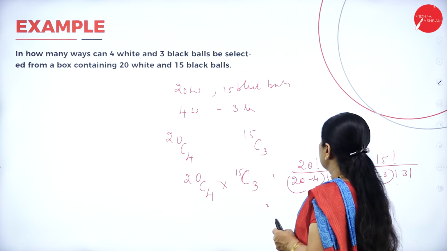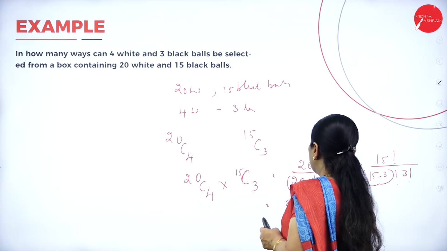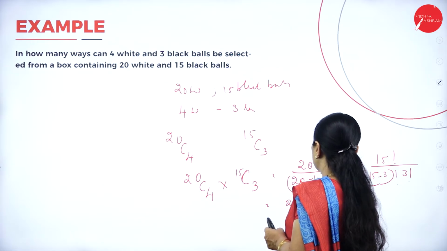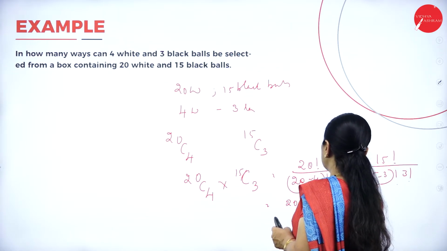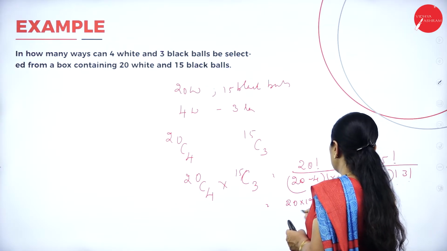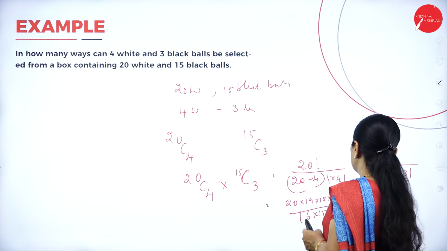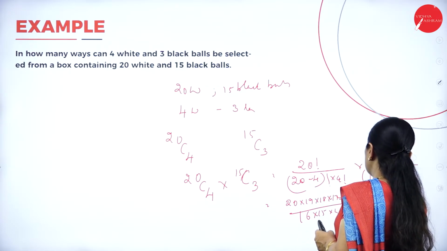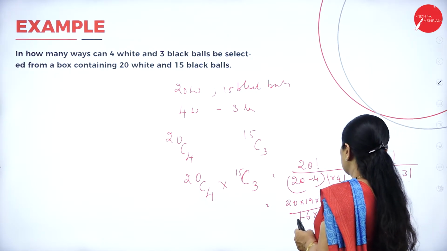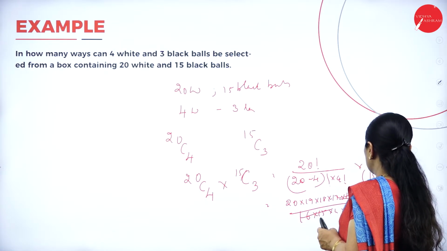So, when I simplify this, it will be equal to 20 into 19 into 18 into 17 into 16 divided by 16 into 15 into 14 into 4 into 3 into 2 into 1. So, 16 factorial gets cancelled. So, 4 into 3 into 2 into 1.